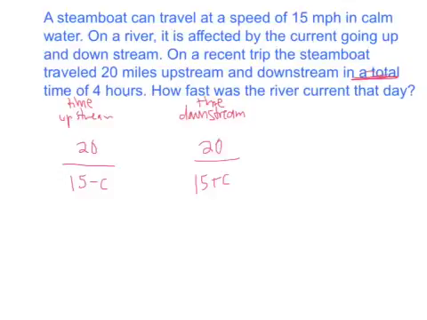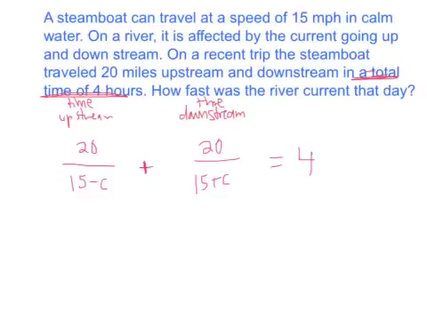We know that the total time for this trip, two-way trip, is 4 hours, and that's found by adding the two times. Totals are often found by calculating a sum, and there is your rational equation.